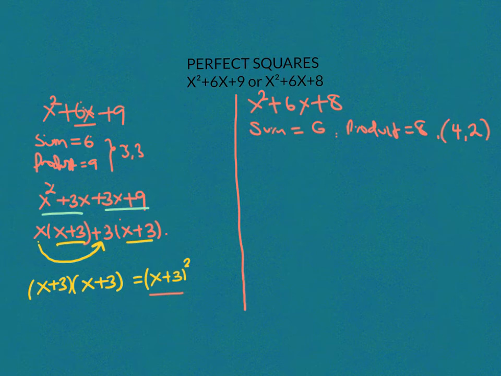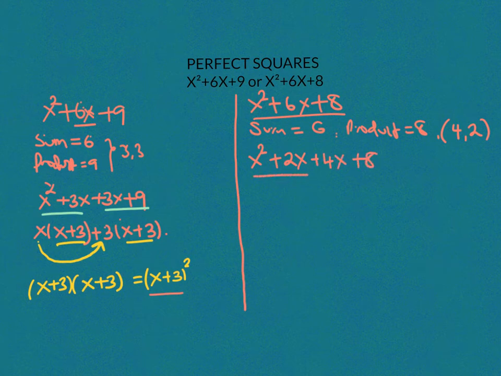So we want to rewrite the expression by breaking down the coefficient of the middle term into 4 and 2. So that's going to give us x squared plus 2x plus 4x plus 8.